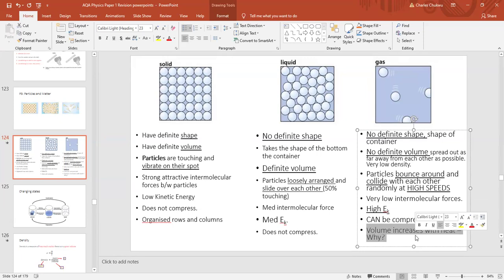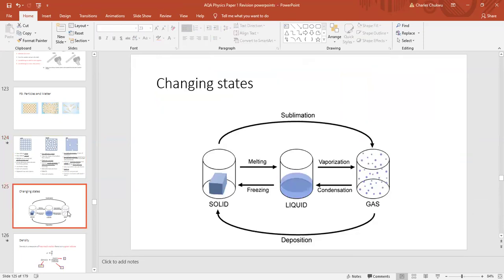Okay. Now, do you have an idea why that happened? Why would their volume increase with heat? The volume. Because the movement increases.